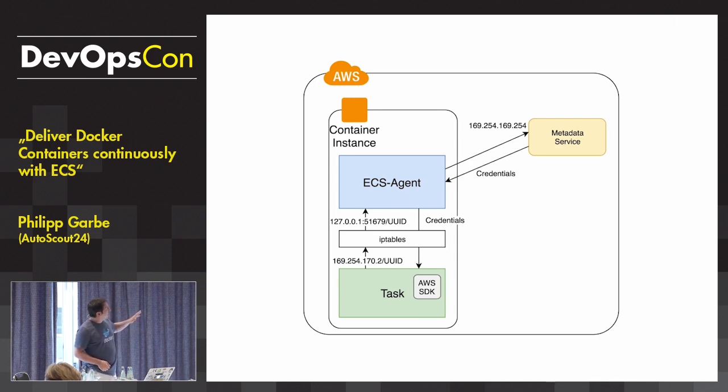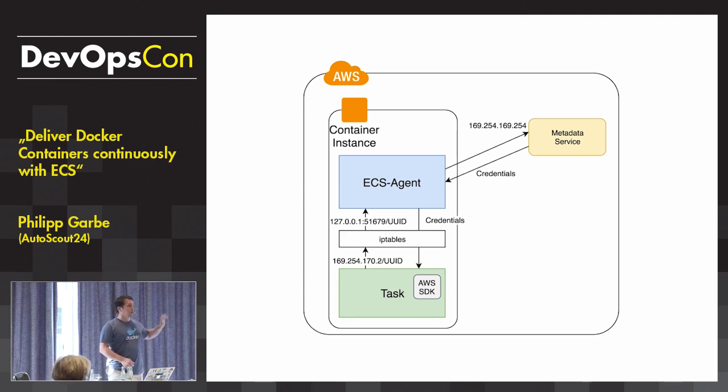There is a change in the IP tables, so that this call gets routed to the ECS agent on that local machine. The ECS agent knows, okay, with that UUID I have that role registered, then asks the metadata service to give it the credentials, and returns them back to the task.